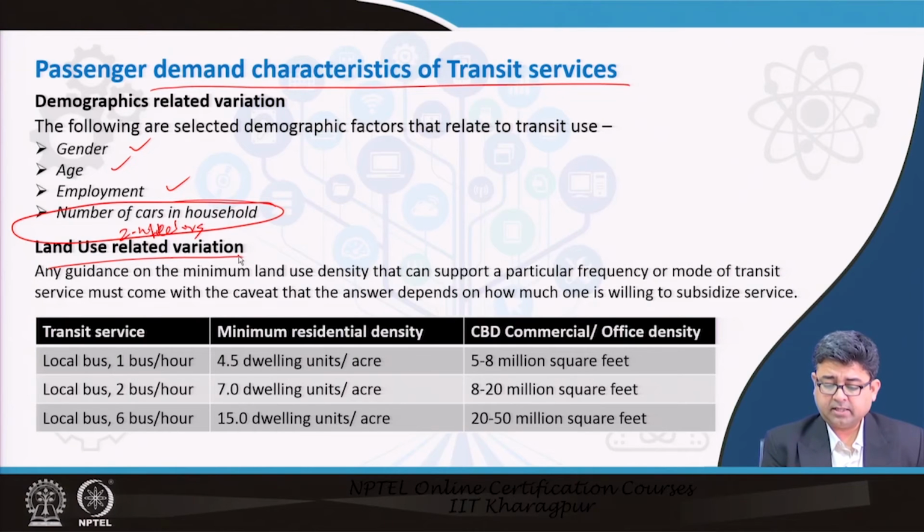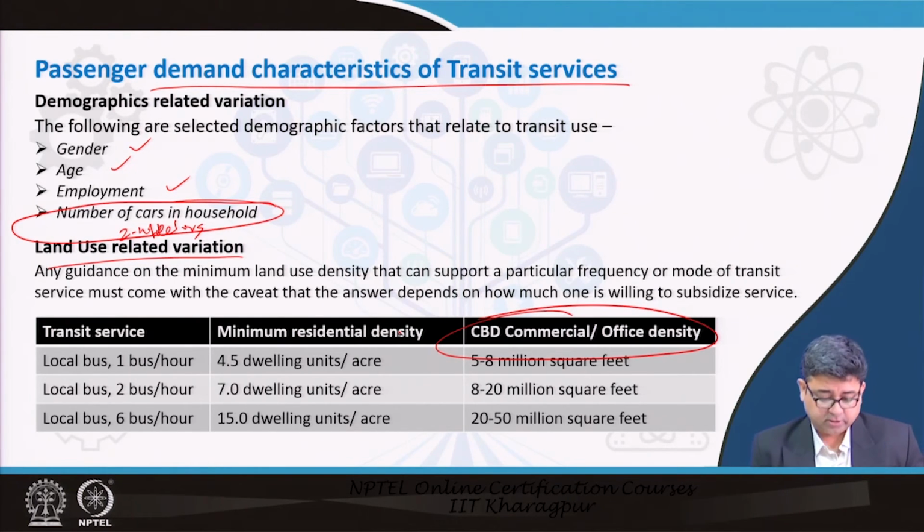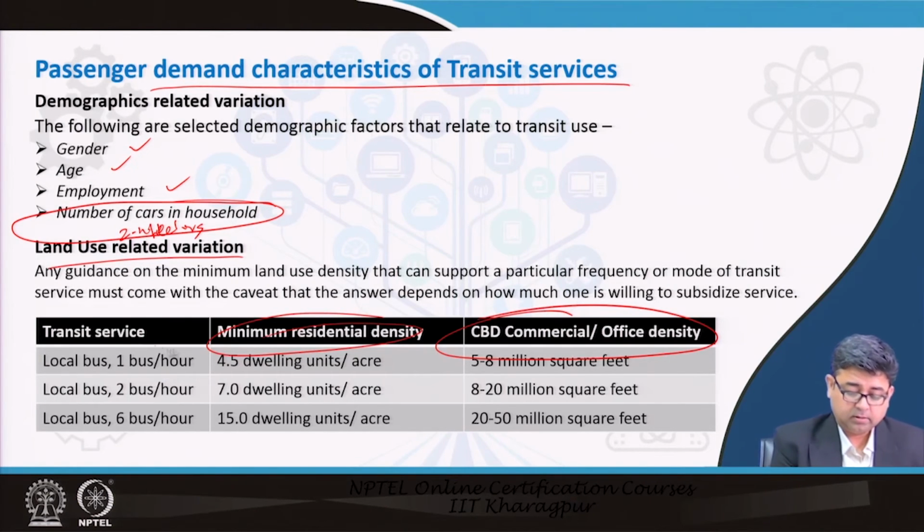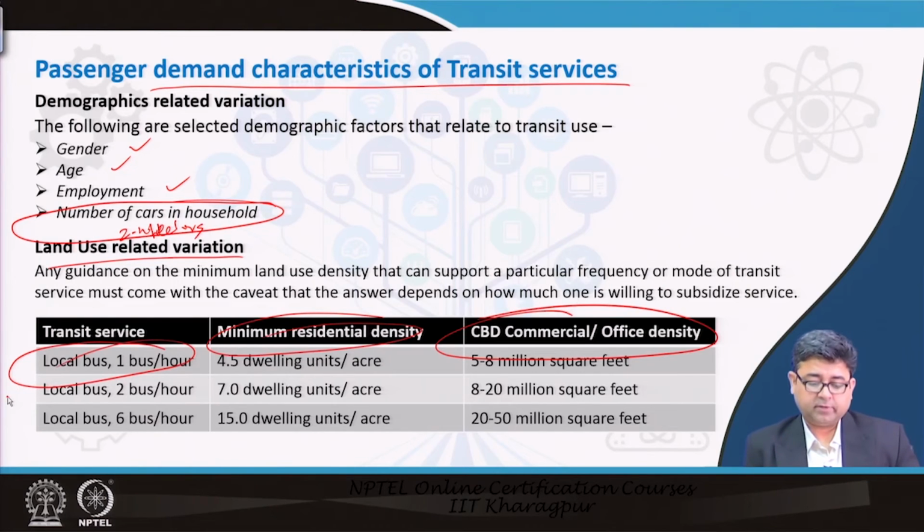It has been seen that if it is a CBD area and dense land use area, there the bus frequency needs to be higher, or the headway between the buses needs to be lower, whereas if it is suburban residential densities which are much spread out, there you can do with less number of buses per hour, for example.